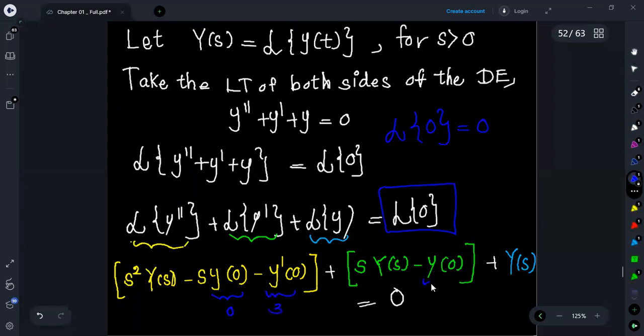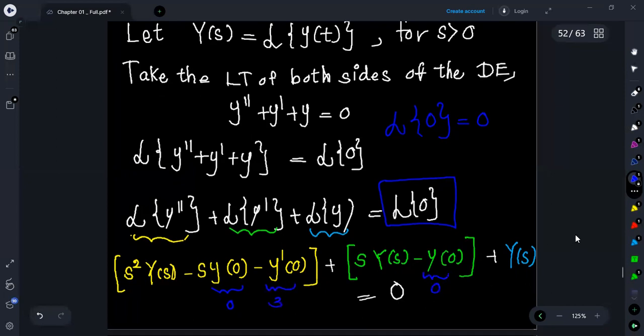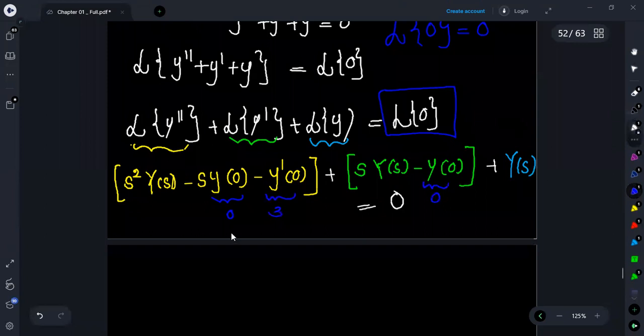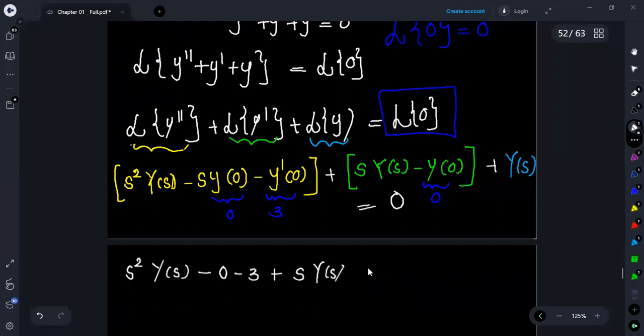Here y0 is 0 and there is no y dash 0 term. So we get s squared Y of s minus s times 0, minus 3, plus s times Y of s minus 0, plus Y of s equals 0.